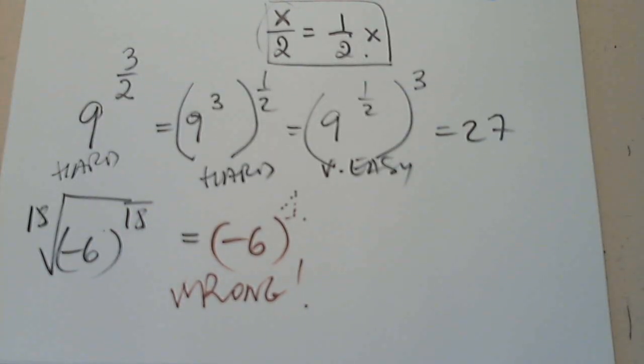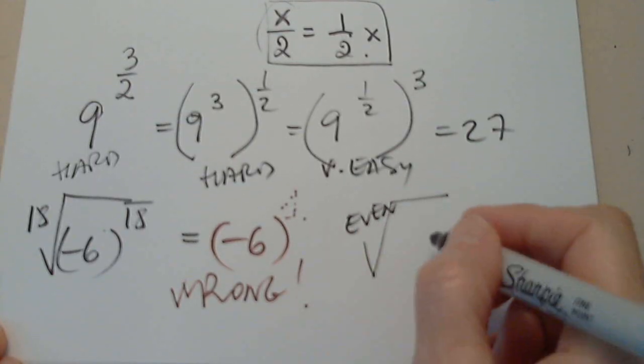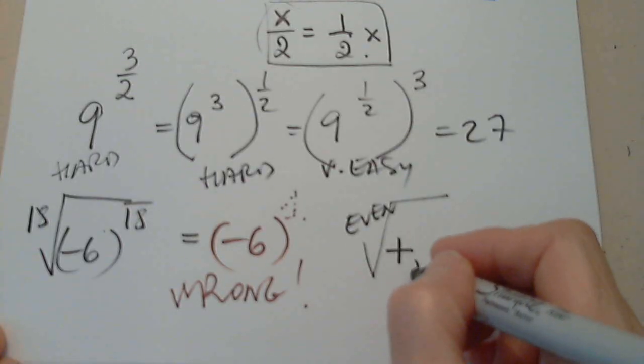Why? Why would this be wrong? Anybody remembers why? Because any even index is only applied to positive or 0.